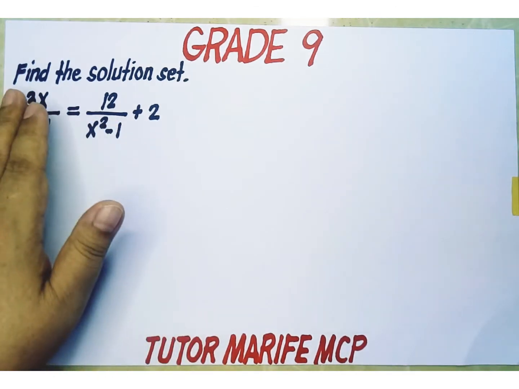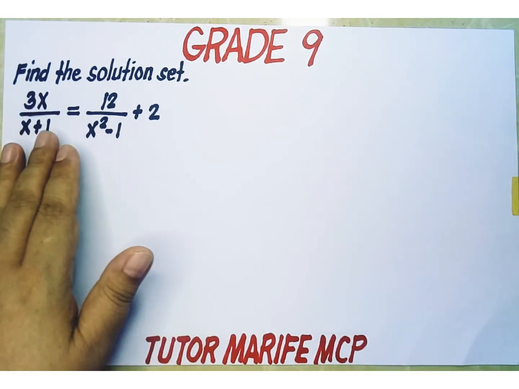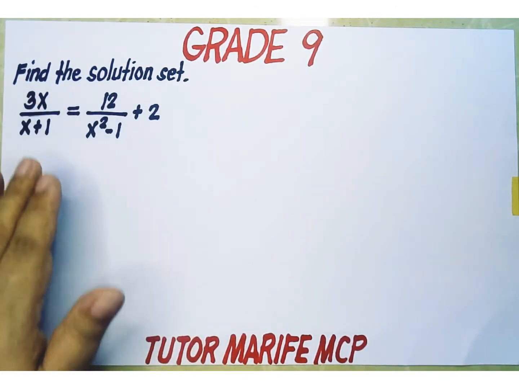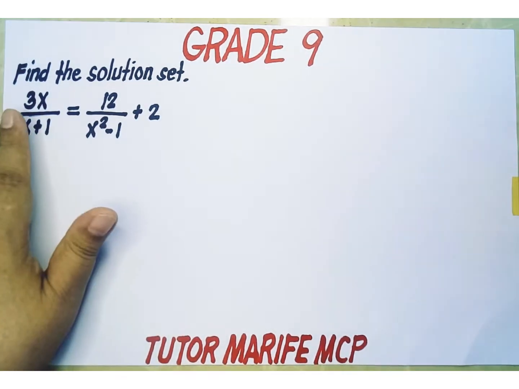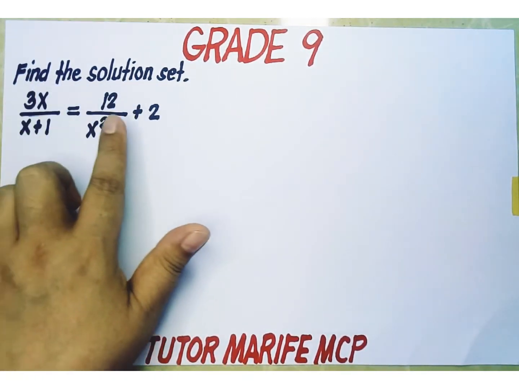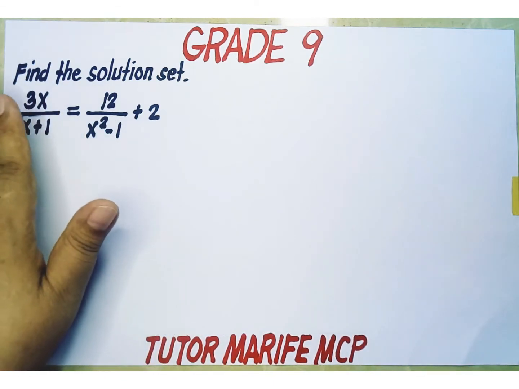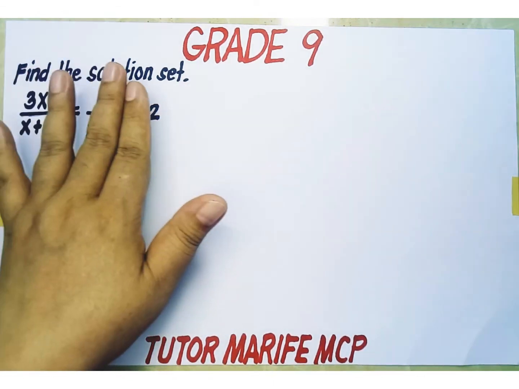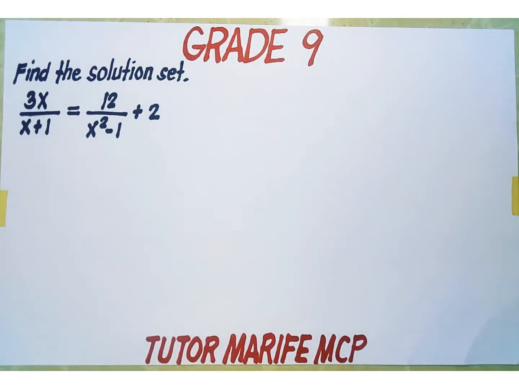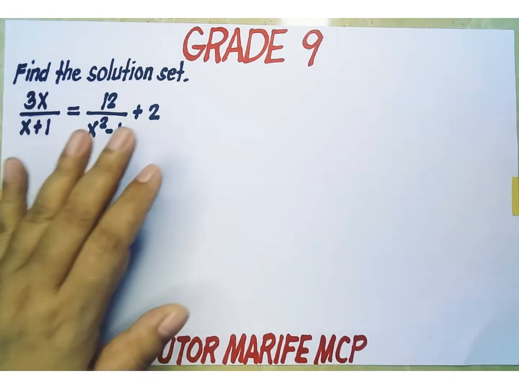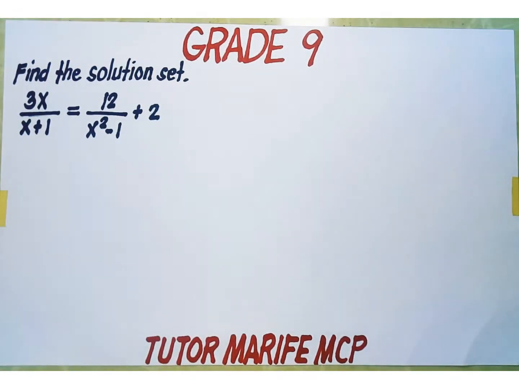Hindi tayo pwedeng mag-eliminate dito ng denominator by cross multiplication kasi ang structure ng ating given rational equation ay hindi single fraction on the left, single fraction on the right. Yung cross multiplication kasi, gagamitin mo lang sa ganong structure.